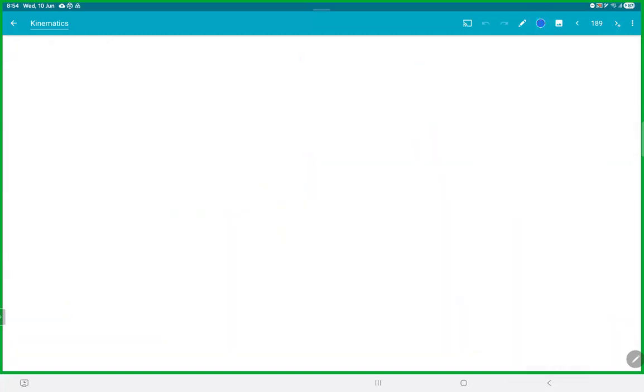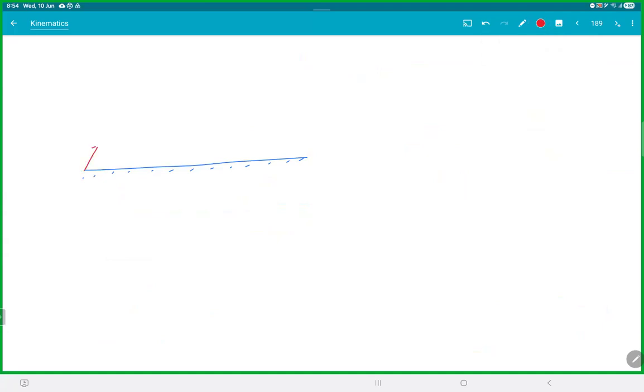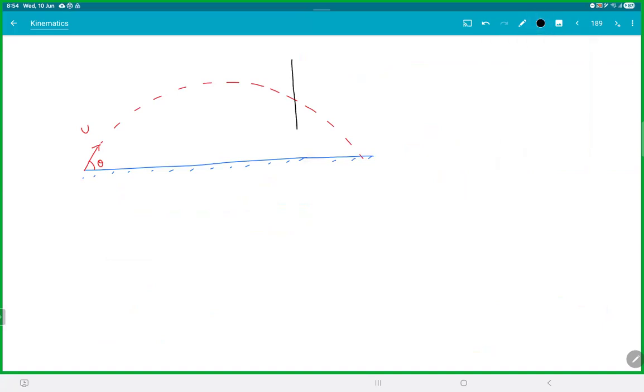Think of it like this. Imagine there is no wall. This idea is important. Imagine if there is no wall, then what would have happened? With u and theta, you would have just gone like a regular projectile and you land somewhere here. Now, because you kept a wall here, understand what happened. The collision didn't do anything. It simply reversed your velocity.